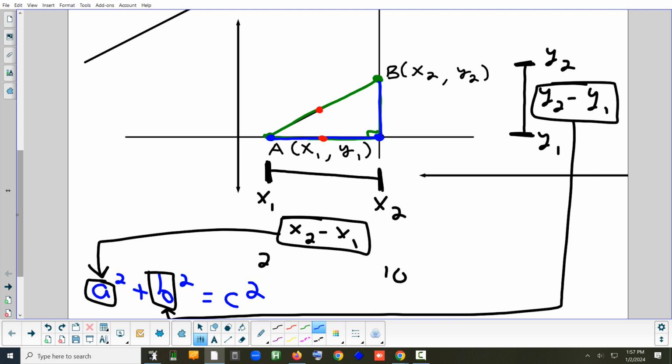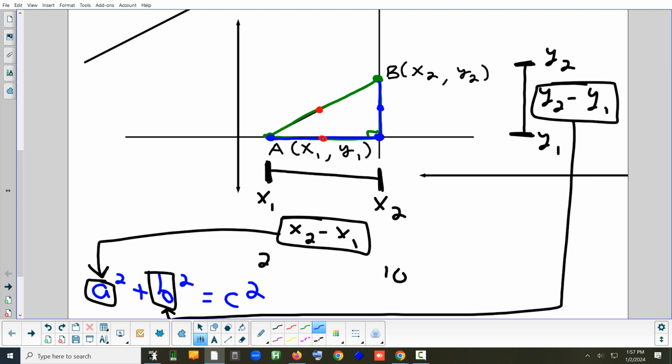Now, there's a name for that. If you take two numbers and add them together and divide by 2, what does that give you? The mean, the average. That's what the midpoint formula really is. You take your x's and you average them together, and that gives you the middle for the x's. You take the y's, you add them together, divide by 2, and that gives you the average for the y's.